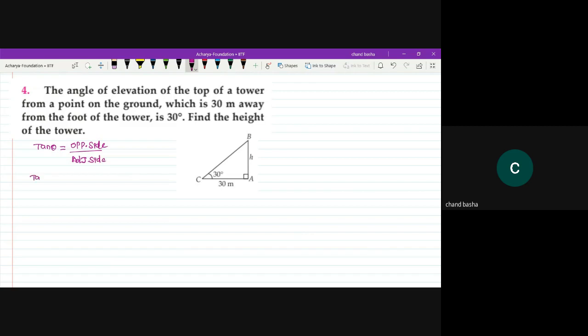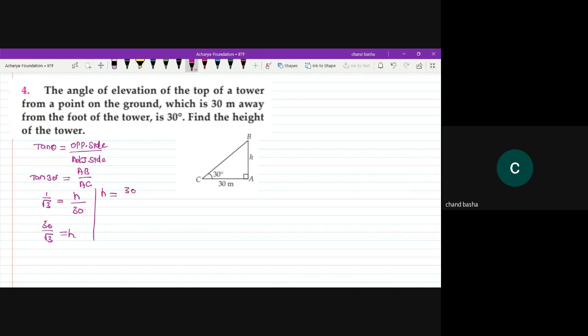That is, tan 30 degrees will be given to you. Opposite side is AB, adjacent side is AC. 1 divided by root 3. AB value is H and AC value is 30. It is asking just the H value. You will get 30 divided by root 3 is equal to H. As I said, square root value should not exist in the denominator.